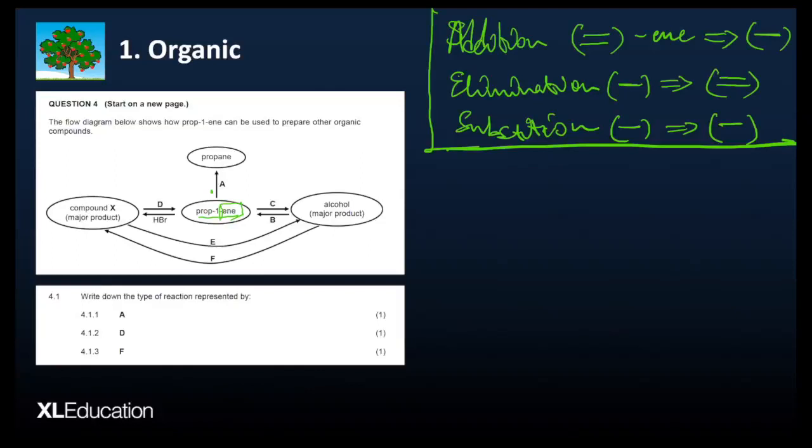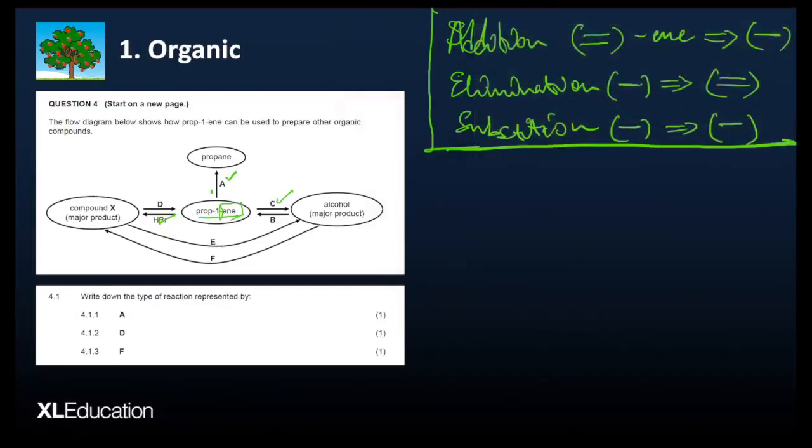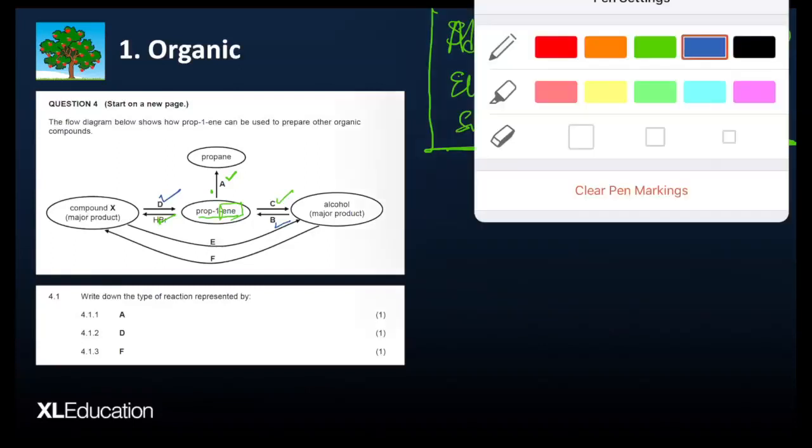So let's have a look. This one is an addition reaction. This one, C, is an addition reaction. This one with an HBr is an addition reaction. Right, let's identify now the reverse of addition reaction, which is elimination. This one is an elimination reaction. D is an elimination reaction.